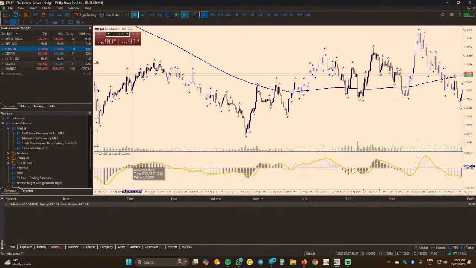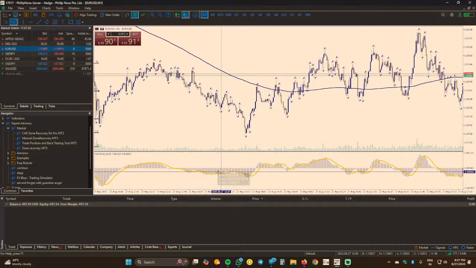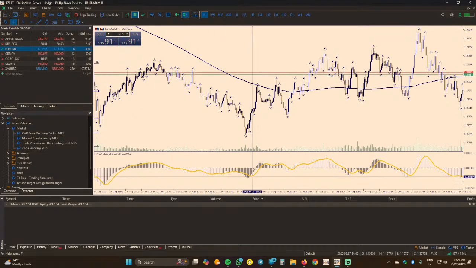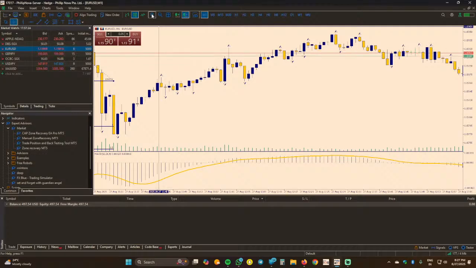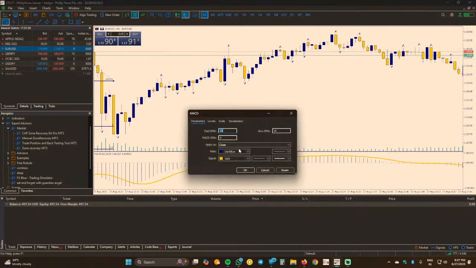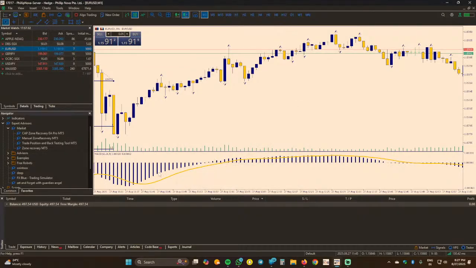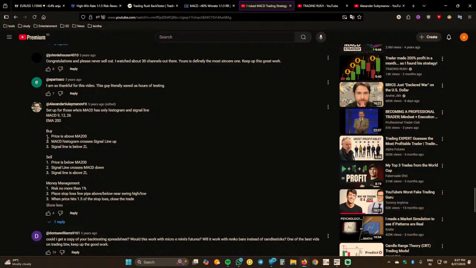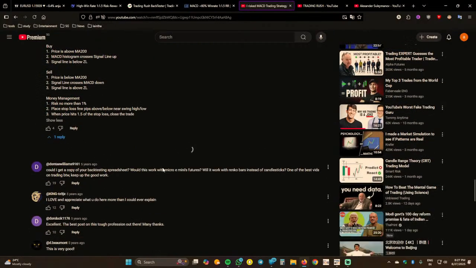Of course, there might be a custom indicator somewhere on the internet where both the signal line and the MACD line are proper lines instead of a histogram. So this user is saying the same rule pretty much for the histogram.